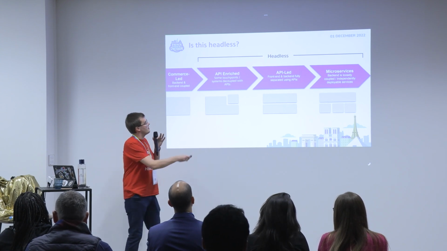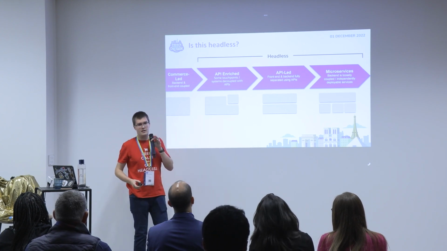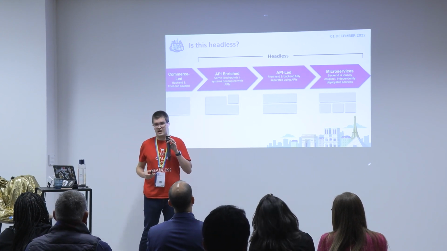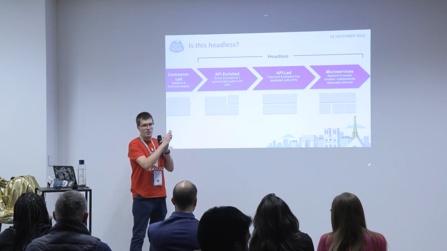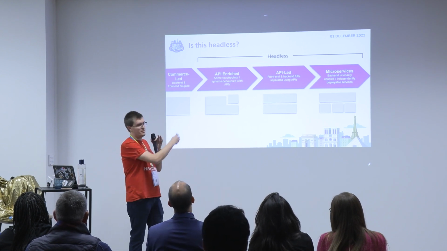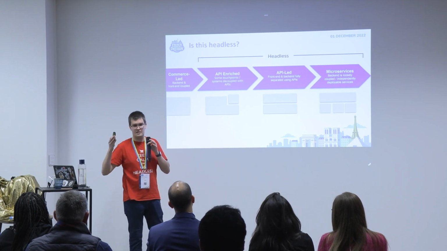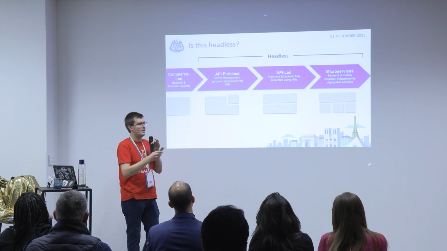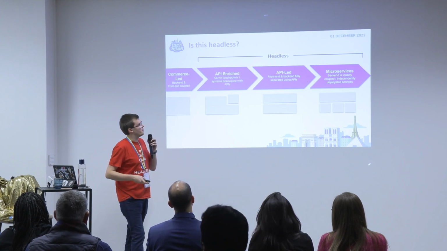The second layer here, API enriched, you can have your storefront website on top of your backend immediately, which is what's usually happening now. But you could have a mobile application that is connecting through REST APIs to that backend. So you have one touch point, one application that is using the headless APIs, but the rest is still a monolithic approach, as they call it, where everything is on the same platform.